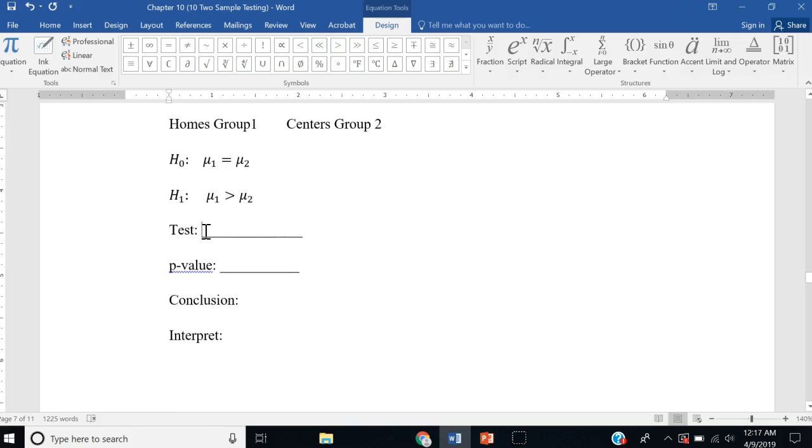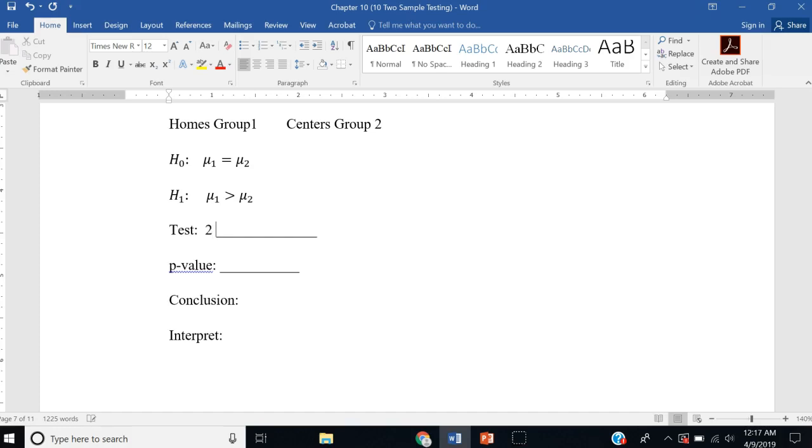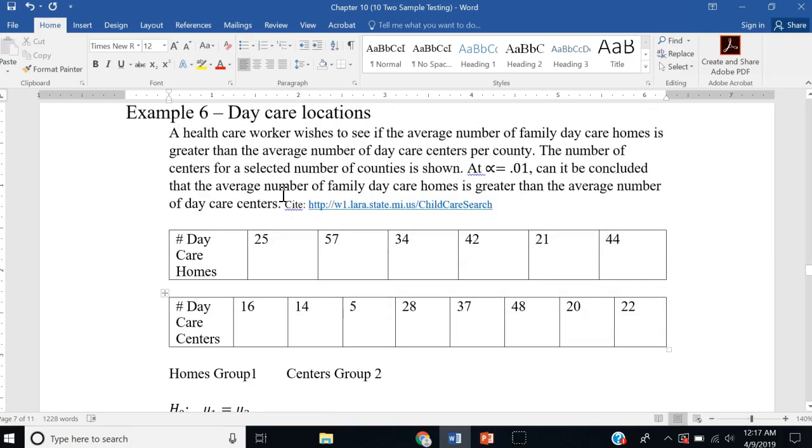Now we're going to end up doing a 2-sample t-test for the reasons I stated earlier. We don't have any population standard deviations given to me, so we'll end up with just the sample standard deviations that come from these 2 samples.